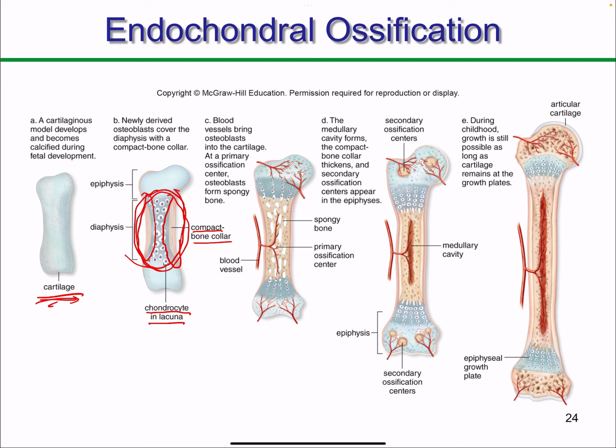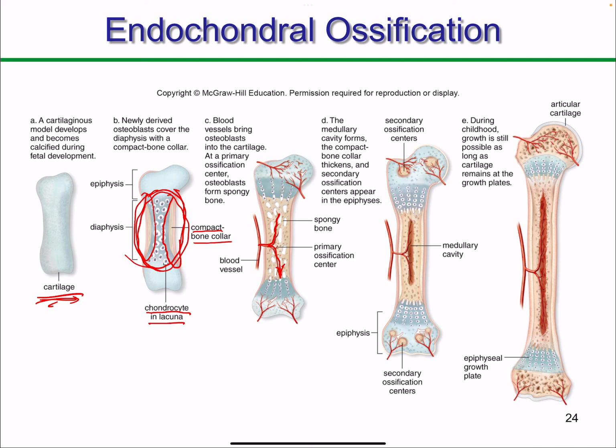All right? So now, remember that the tissue needs to live. For this tissue to live, you need blood vessels. As the bone starts forming, you now have blood vessels that are going to come and develop in the primary ossification site.